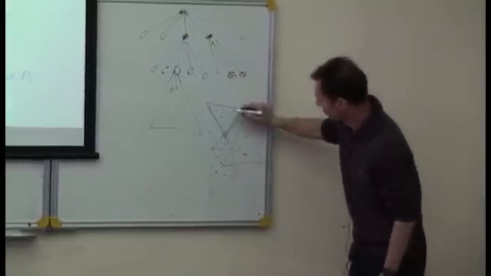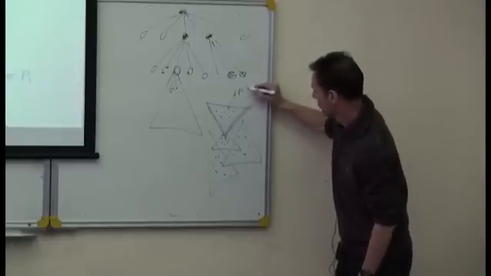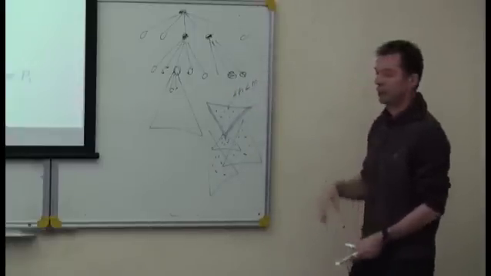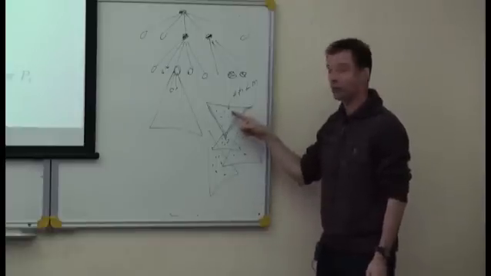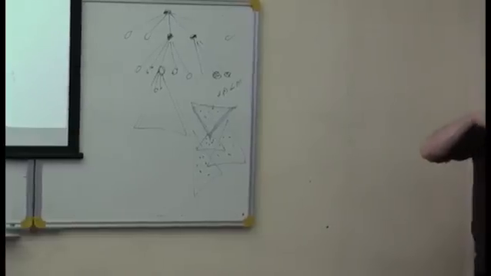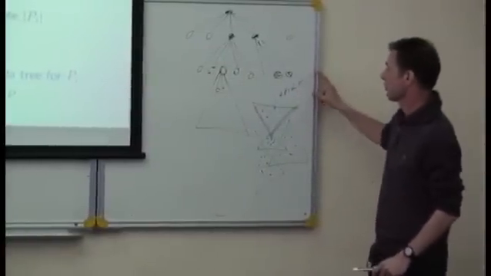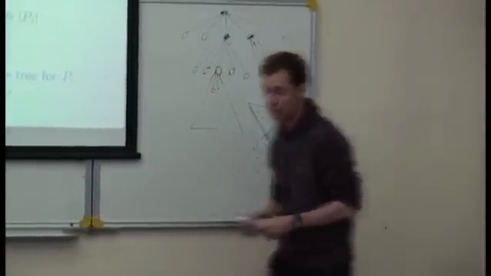So when the number of points is at most m, then I have to take these points and go to dual space. I take my points and make them into lines in dual space, and then I construct a cutting tree in dual space. And if the number of points is bigger than m, I simply continue with my partition tree.